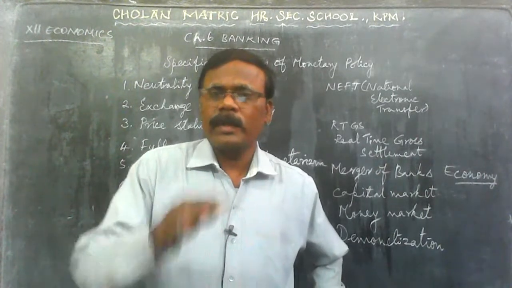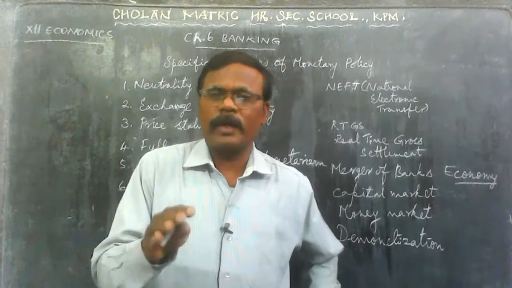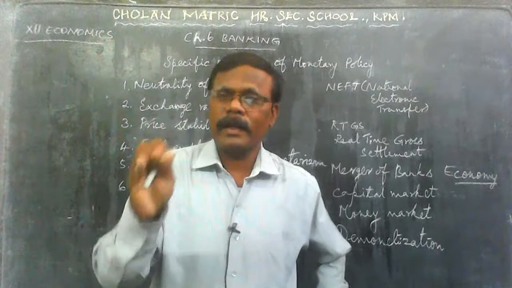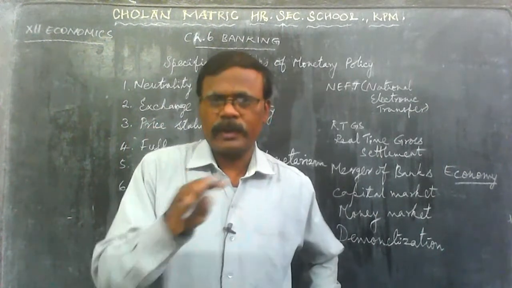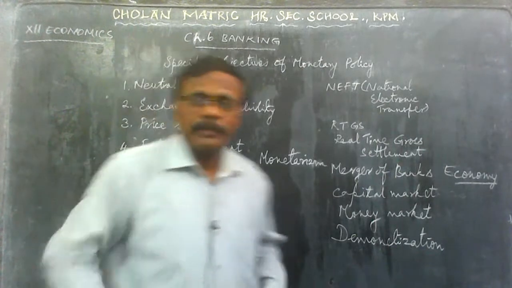So they are called exponents. So they are the chief exponents, three economists. Who are they? Wicksteed, Hayek, and Robertson. So these are the three economists of neutral money.